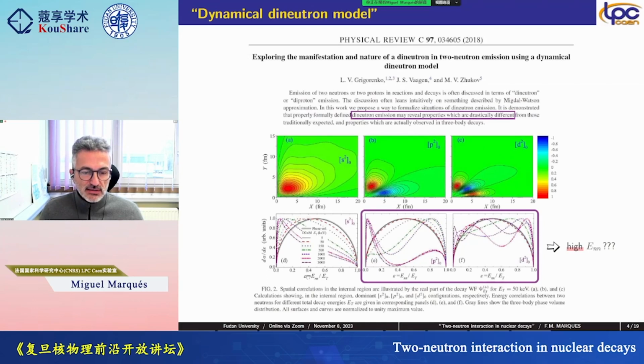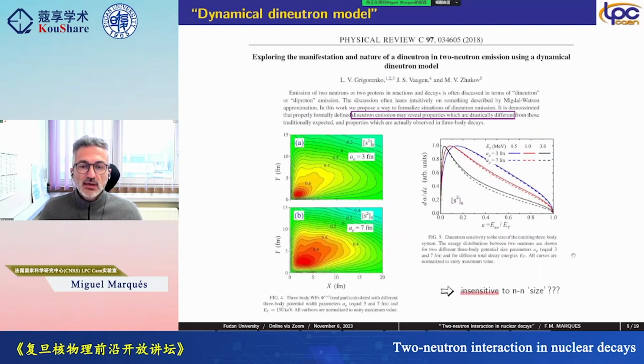And you see here this reduced neutron-neutron energy between 0 and 1 for different total energies. And you see that in the S wave case, only in the S wave case, you have this increase at low energy. But if you have a P wave or a D wave, the structures are more complex. And even in the case of the D wave, you can have the maximum close to 1. So this is contradictory with the final state interaction model.